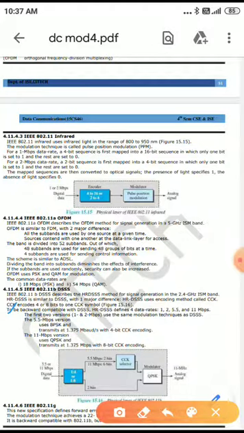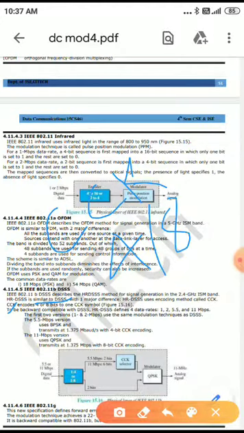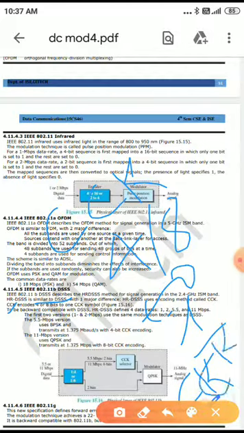Next, CCK encodes 4 or 8 bits into 1 CCK signal.